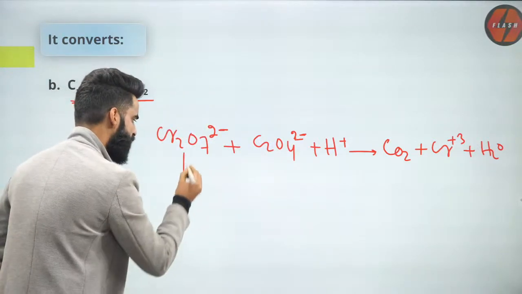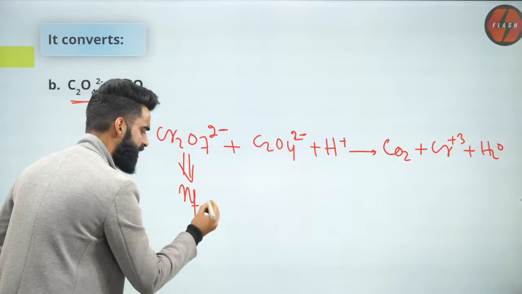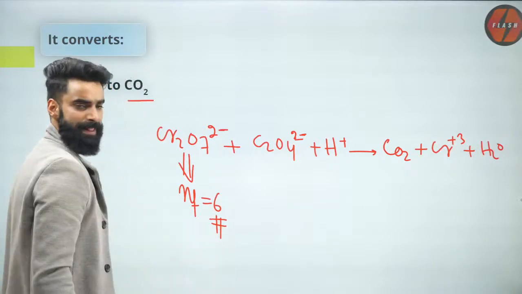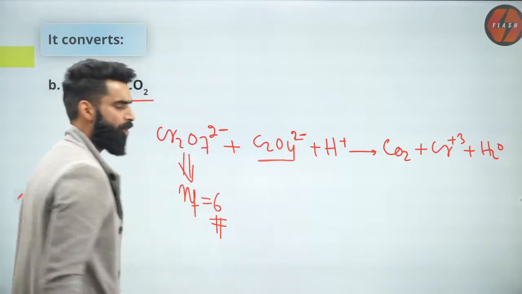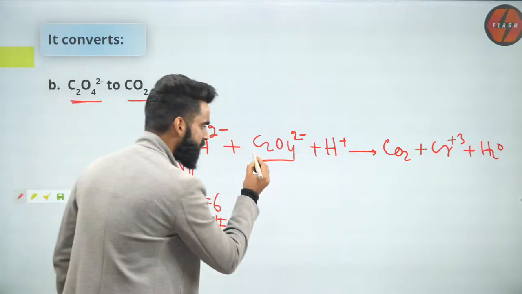The N factor of Cr2O7 di-negative in acidic medium, we already know, is going to be 6.